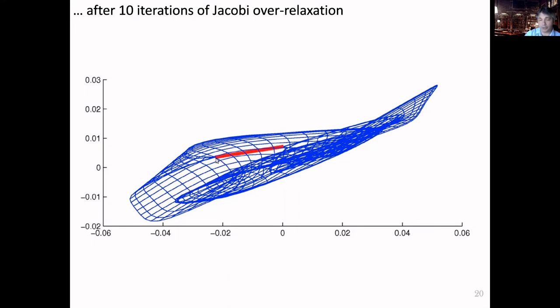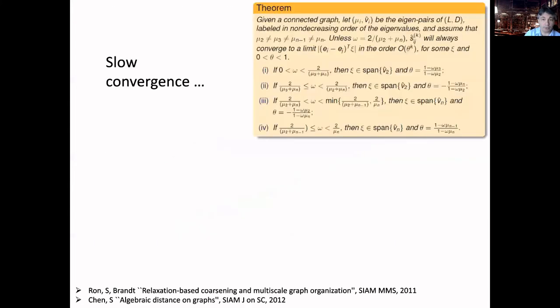So what it does, it helps us to distinguish between so-called global edges, or the edges that connect distant regions in the network that are not similar to each other, and the regions that are more local. All right, so this algebraic distance will be our distance between the variables that we're going to coarsen.